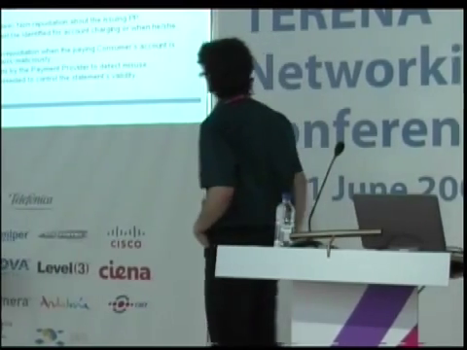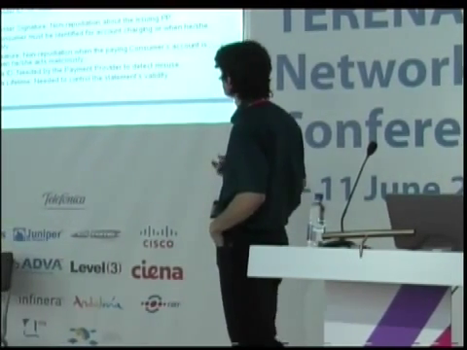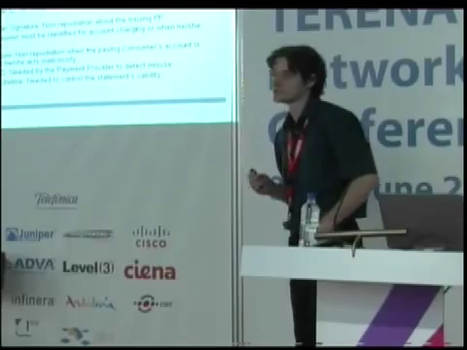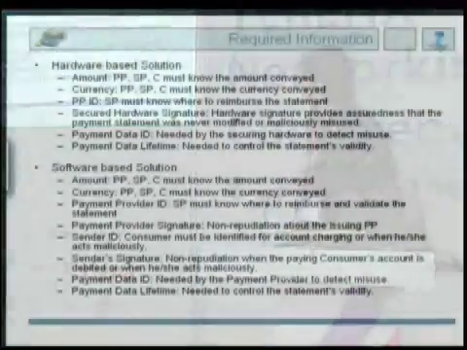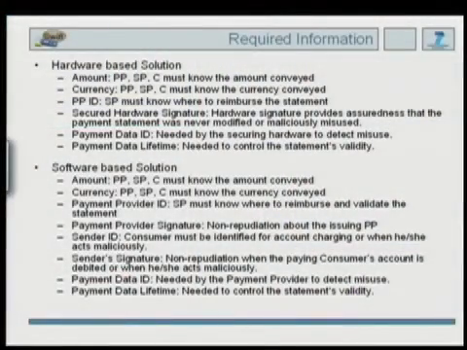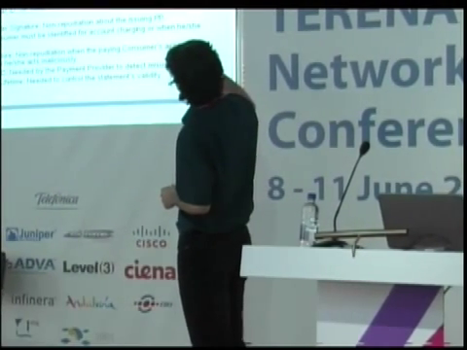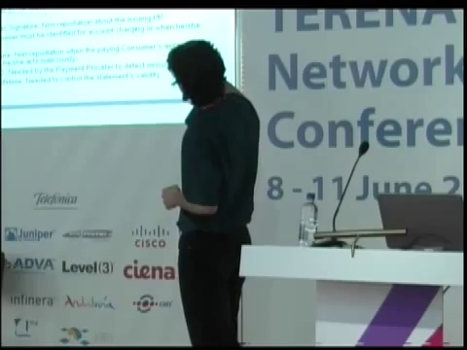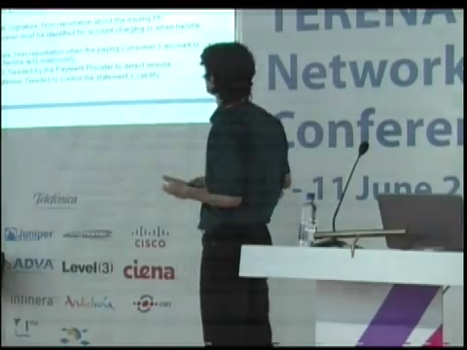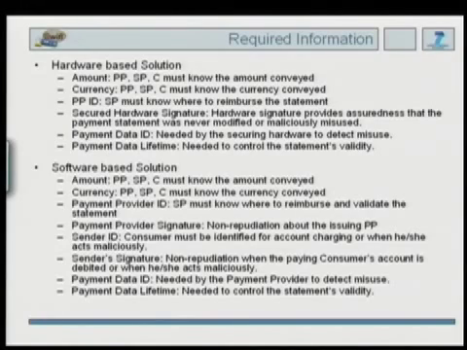For both processes, or both security solutions, a lot of information is needed, and unfortunately it's very small here, but you may see that both solutions are using some of the information in parallel. For example, the amount, the currency, and the payment provider ID must be transmitted in both security solutions.